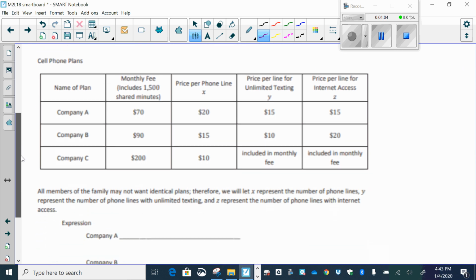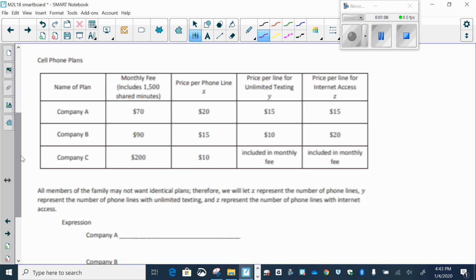Anyways, cell phone plans. So we have three companies, Company A, Company B, Company C. And you can see from the table that the monthly fee includes 1,500 shared minutes. That's talking on the phone. There's also a column, price per phone line. So every person that has a phone gets charged that amount.